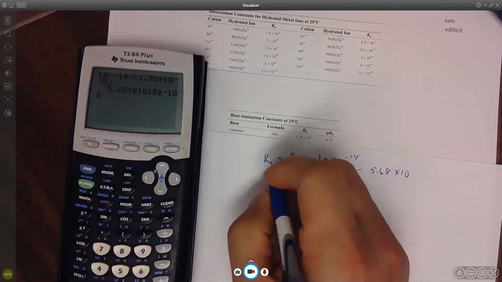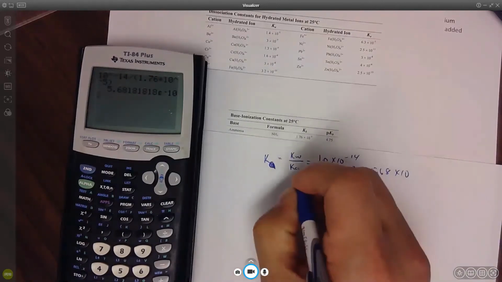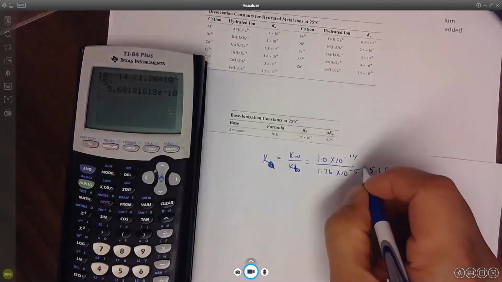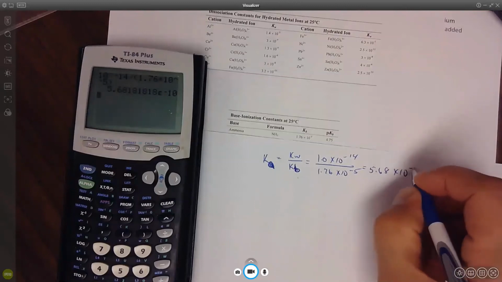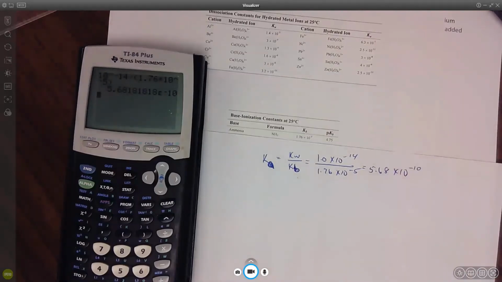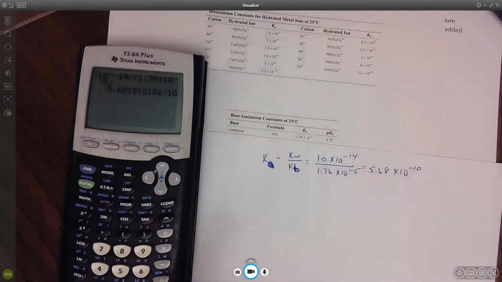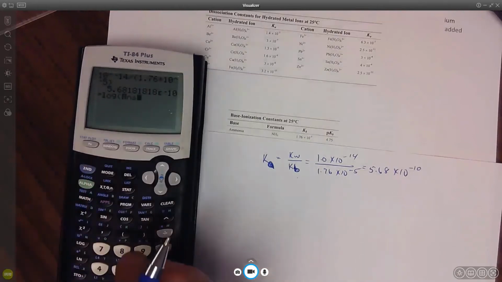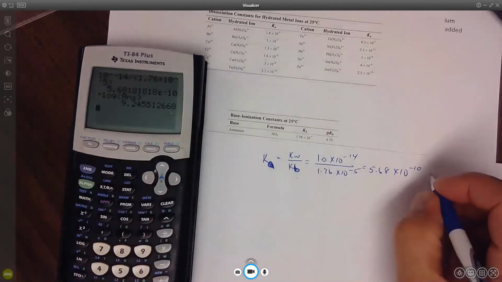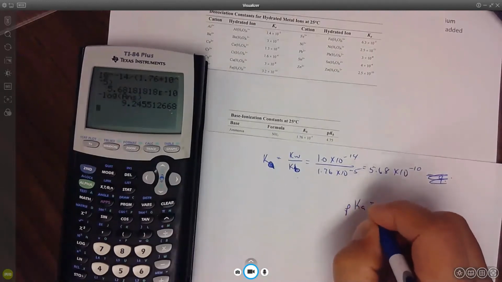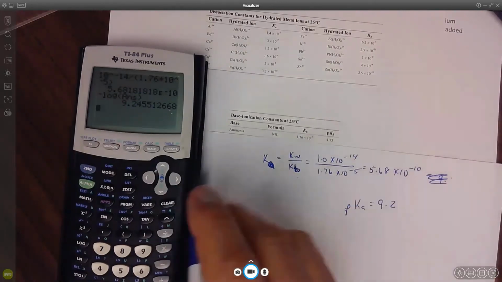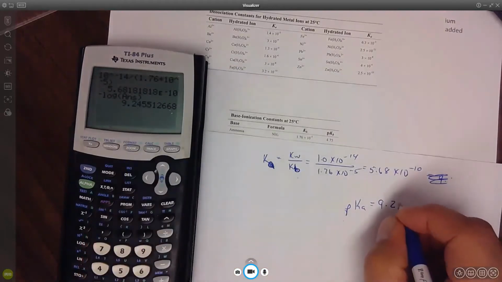This is a Ka because we're actually looking at the Kb, right? So that's going to be equal to 5.68 times 10 to the negative 10. And if we take the negative log of that answer, that's going to give me the pKa, which would be 9.25.